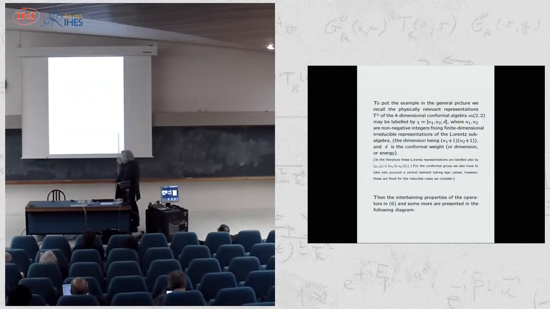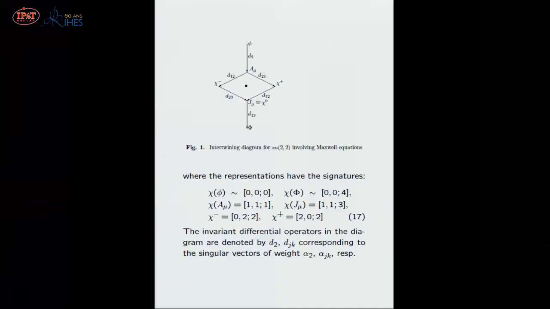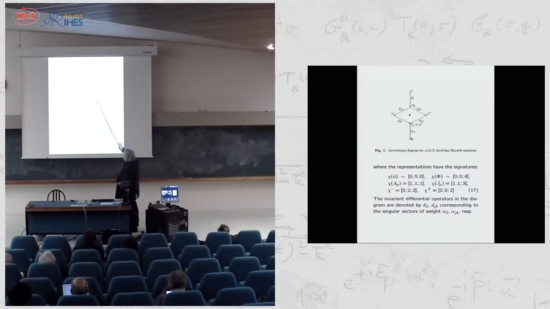And now the intertwining properties that I mentioned can be given in this diagram. Actually, I was talking about chi plus and chi minus, which are the components in which the Maxwell tensor splits under the Lorentz symmetry. J mu was also mentioned, but you see there 3 more representations.